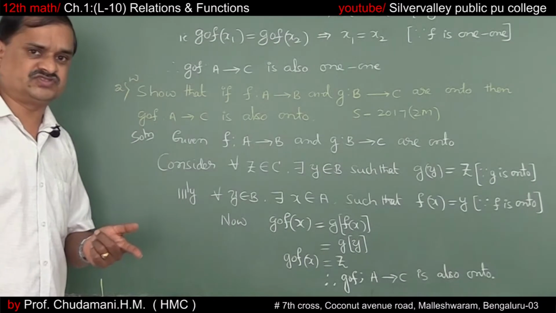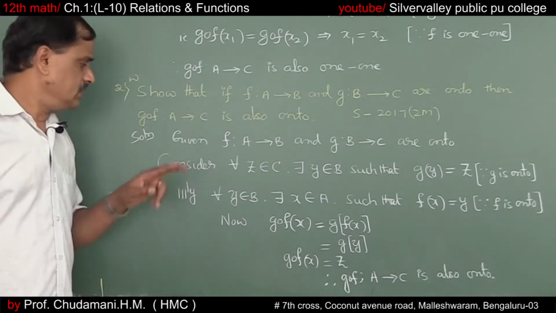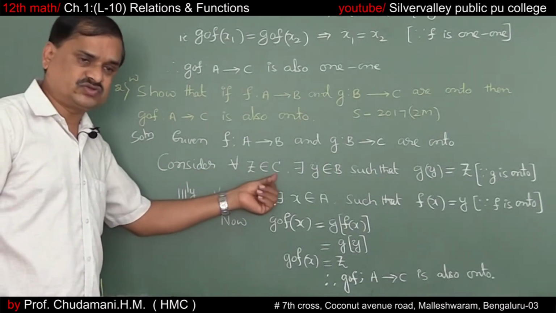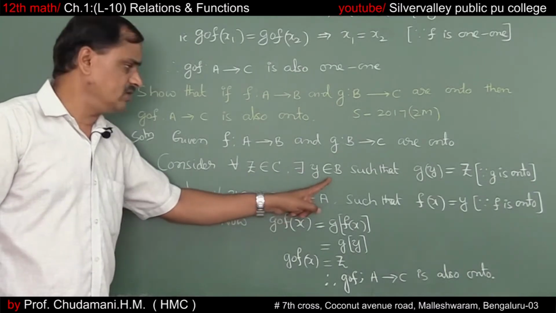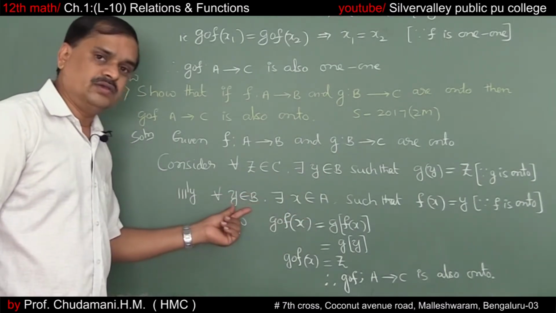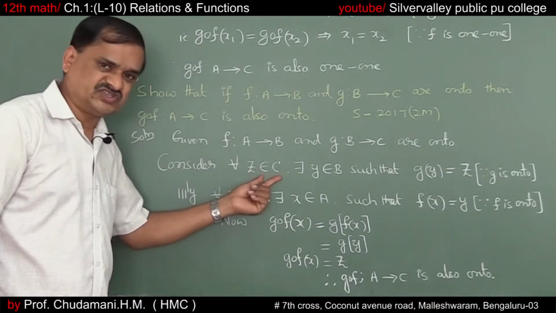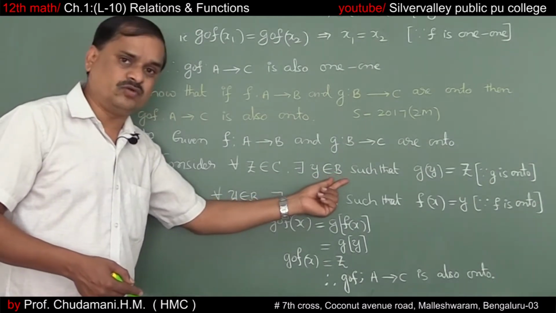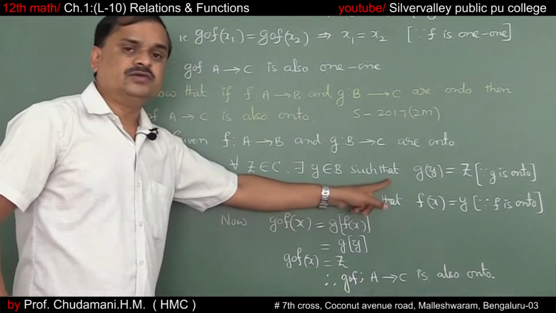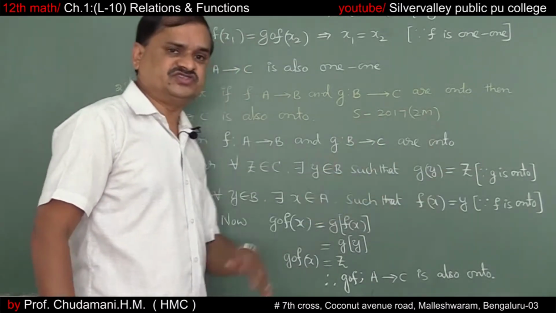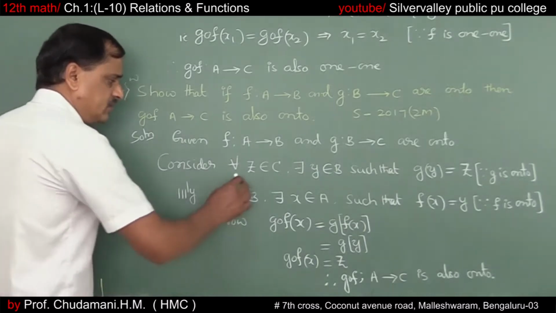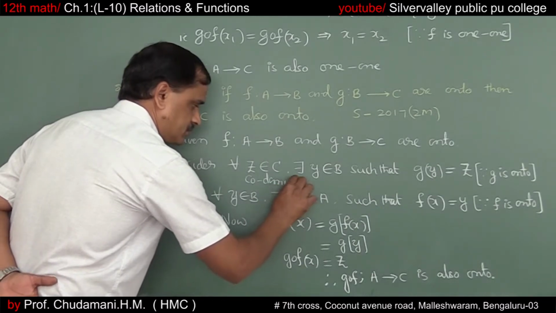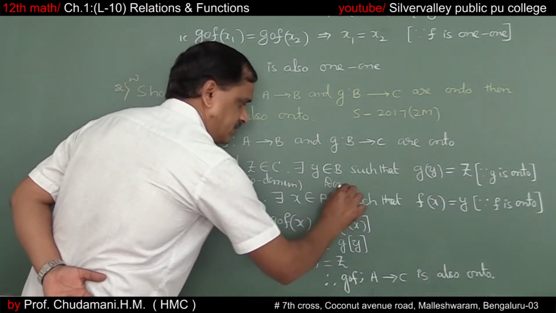That is what f is onto means. g is onto means for all z belongs to the set C, the codomain, there exists y belongs to the domain B such that g of y is equal to z, since g is onto. So this is codomain, whereas this is domain.